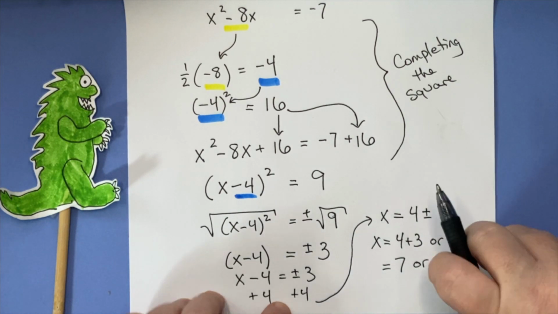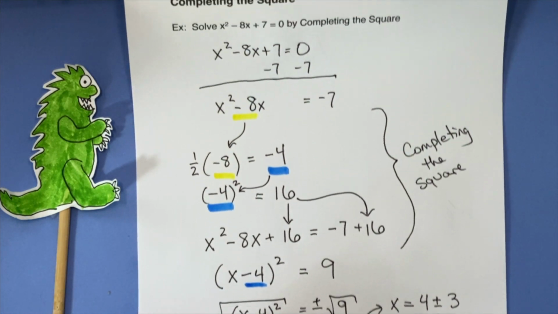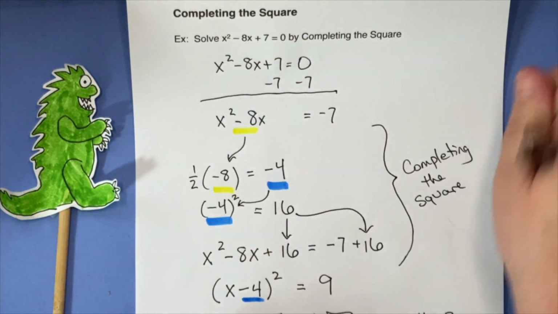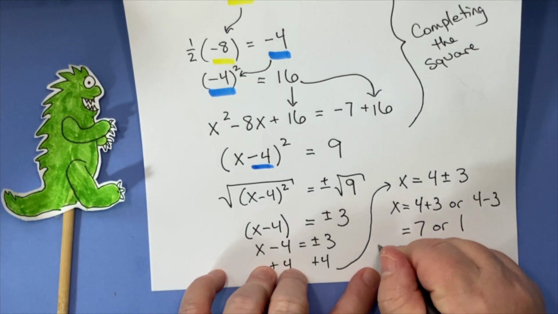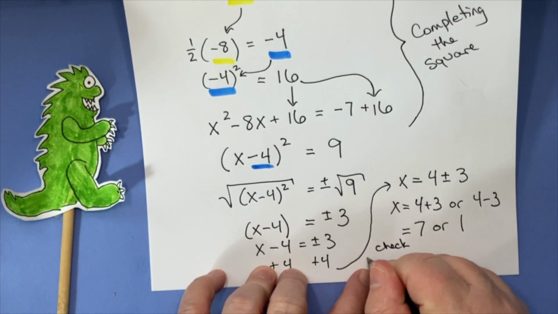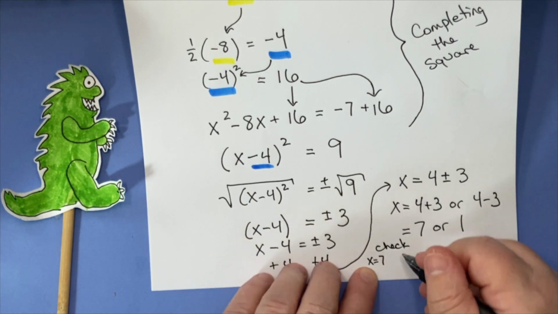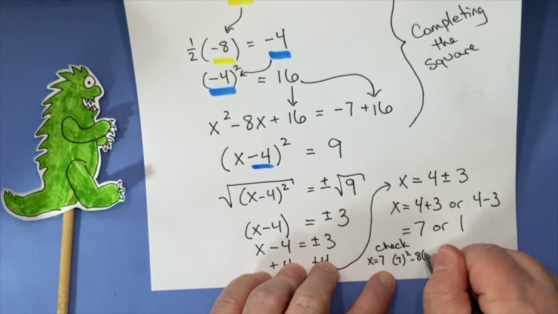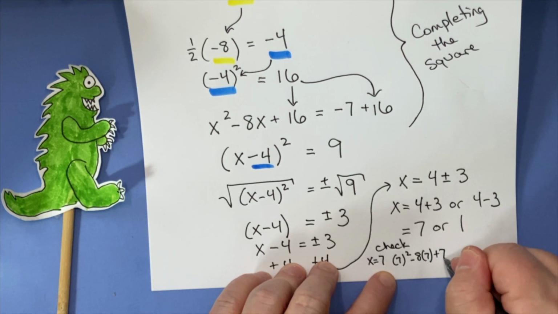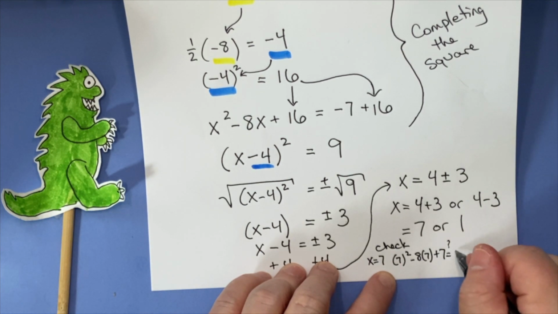Now, we can easily check the original problem, x squared minus 8x plus 7. Let me see if I've got space right here. If we want to check x equals 7, that would be 7 squared minus 8 times 7 plus 7. Does that equal 0?